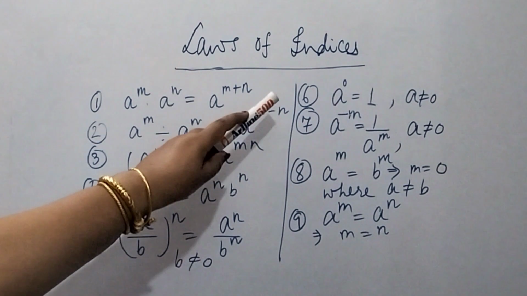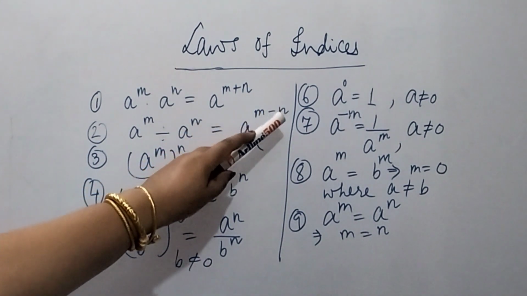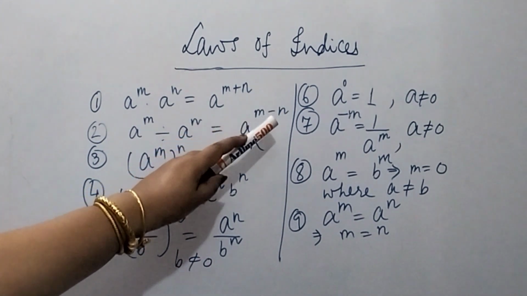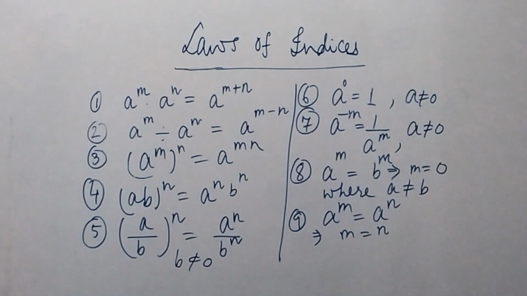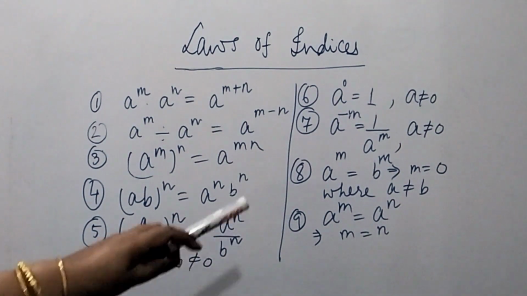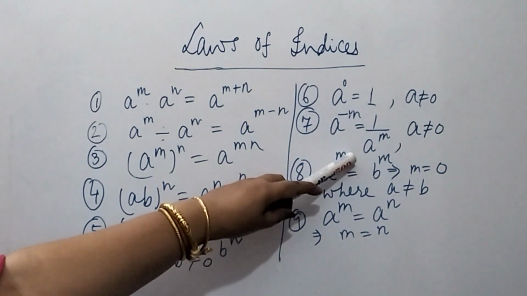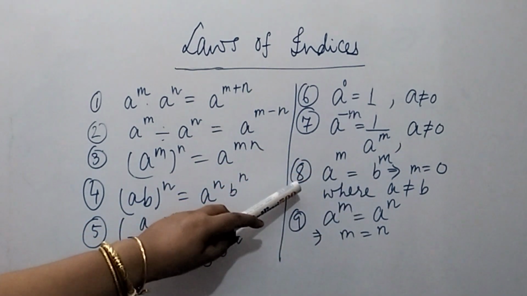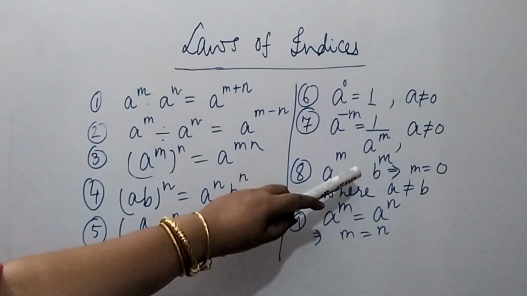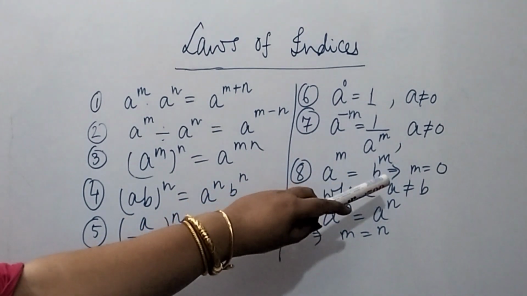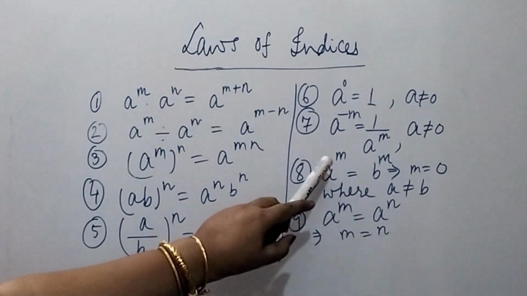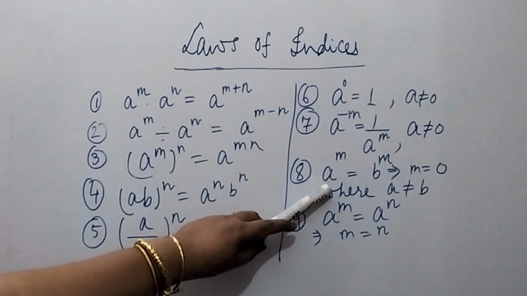Then we have seen that if the power of any non-zero real number is 0, then the value becomes 1 in all cases. And then a^(-m) can be written as 1/a^m, where a is a non-zero real. a^m equals b^m gives us m equals 0, where a is not equal to b.